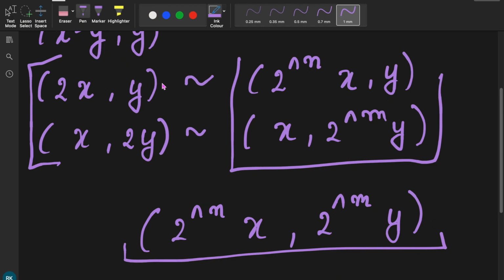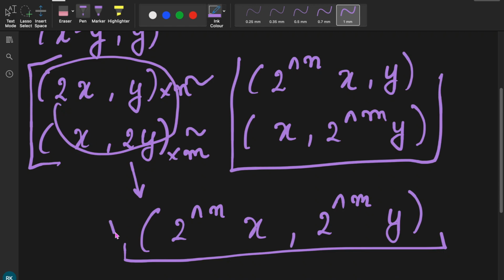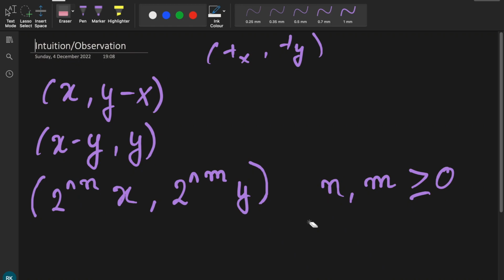We perform this operation n times and we perform this operation m times and we reach this. So let's erase this and replace these two operations with this operation. So now we have three operations.